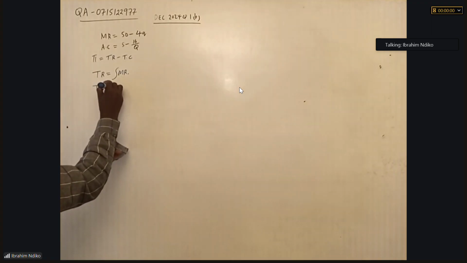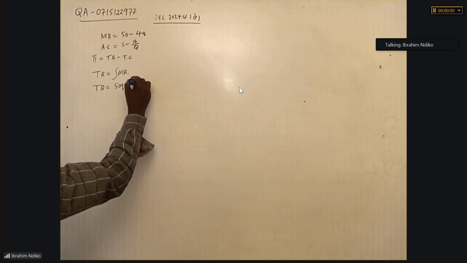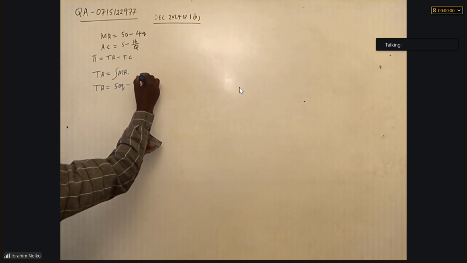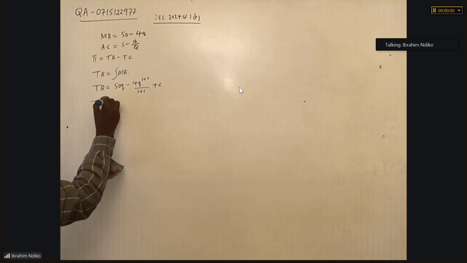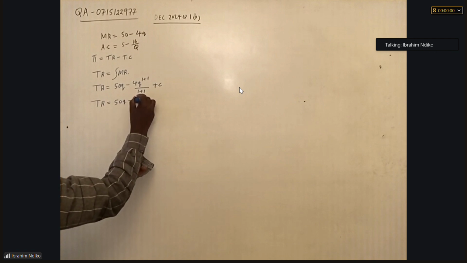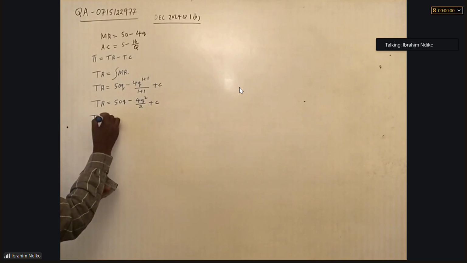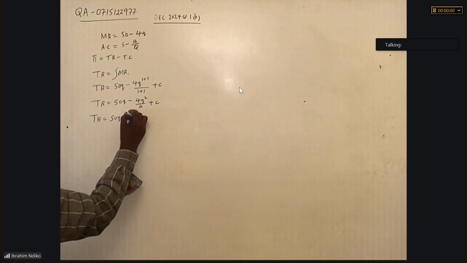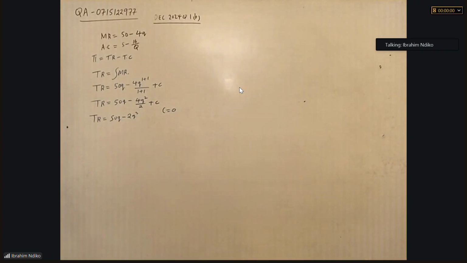So our total revenue will be equal to 50Q minus 4Q squared over 2 plus C. So our total revenue is 50Q minus 2Q squared. C is always 0 for revenue.